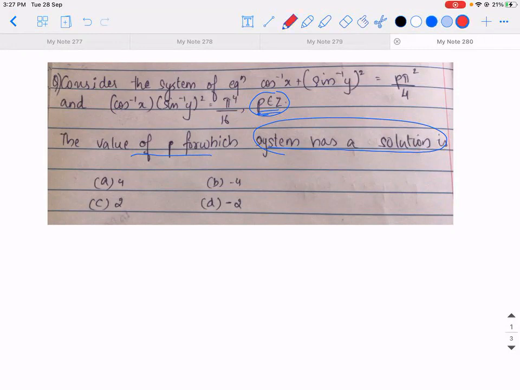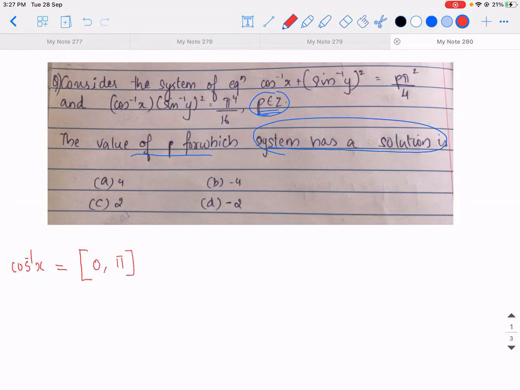Before going to this question, we know that it consists of cos inverse of x and sine inverse of y. So what about the principal value branch of cos inverse of x? Because we have to report according to that. The principal value branch of cos inverse of x is 0 to pi.